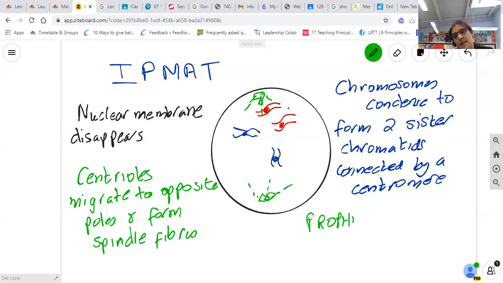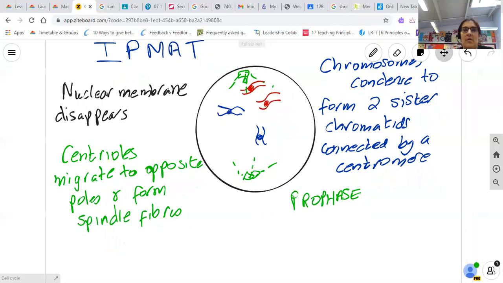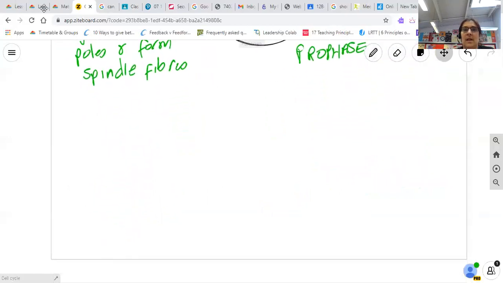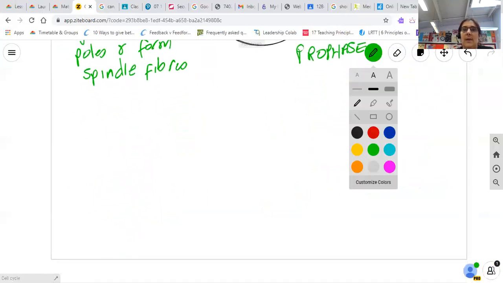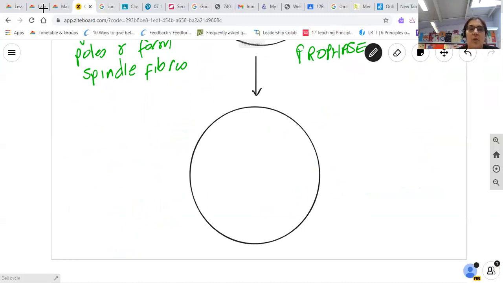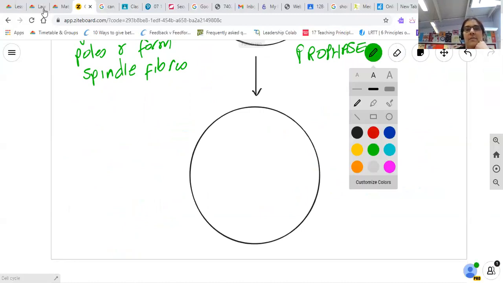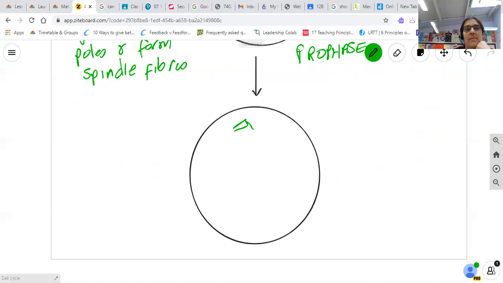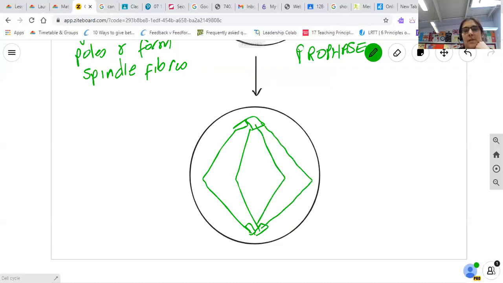So prophase was a busy time, much busier than some of the other stages we're about to look at. So if we move on from prophase, our next stage is going to be metaphase. So once again, we have our cell. It's got no nucleus. What it does have now, we'll stick to the same color scheme, is our spindle that has formed across the cell, like so.